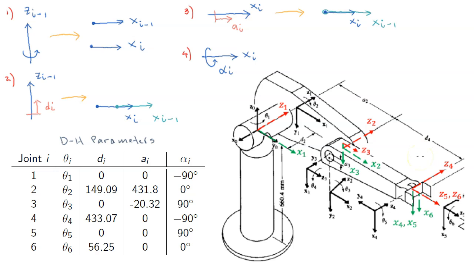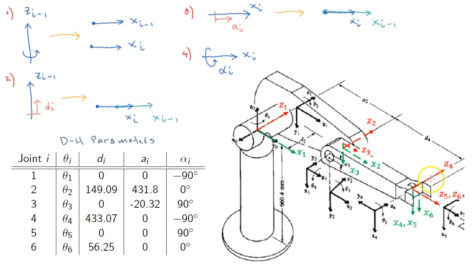Okay, let's see. This is Z5, right? This is Z4. So the question is, we want to find alpha 5. So alpha 5 is how much we need to rotate coordinate frame 4 about X5. So this is X5. So we look in this direction. We know that from here we have to rotate 90 degrees, right? So that is why alpha 5 is 90 degrees.